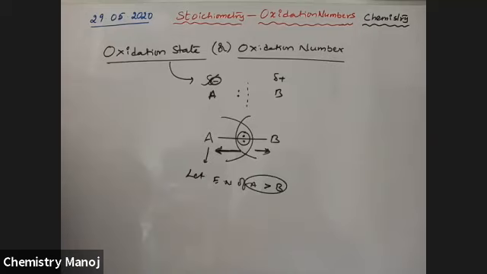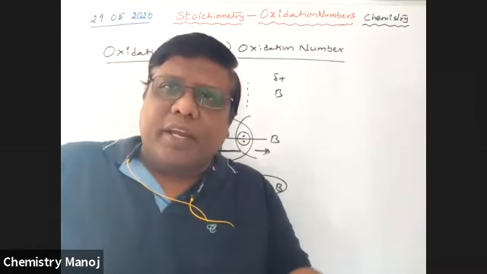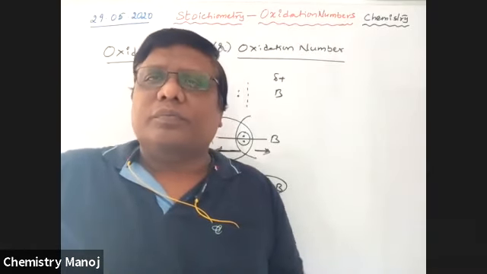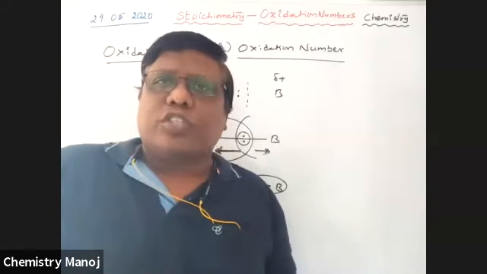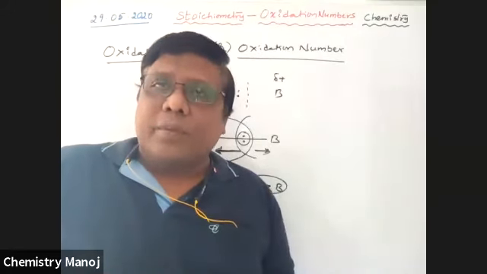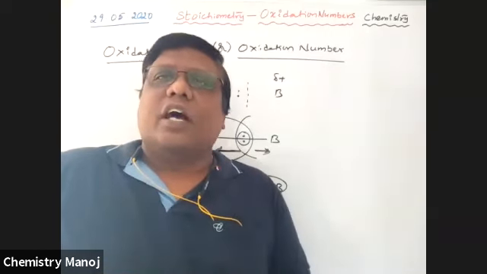So is this clear, my dear boys? What is oxidation state? That is the charge appearing on an element in its molecule. It may be a positive charge, negative charge, or sometimes zero charge, or a fractional charge. These are all possibilities.